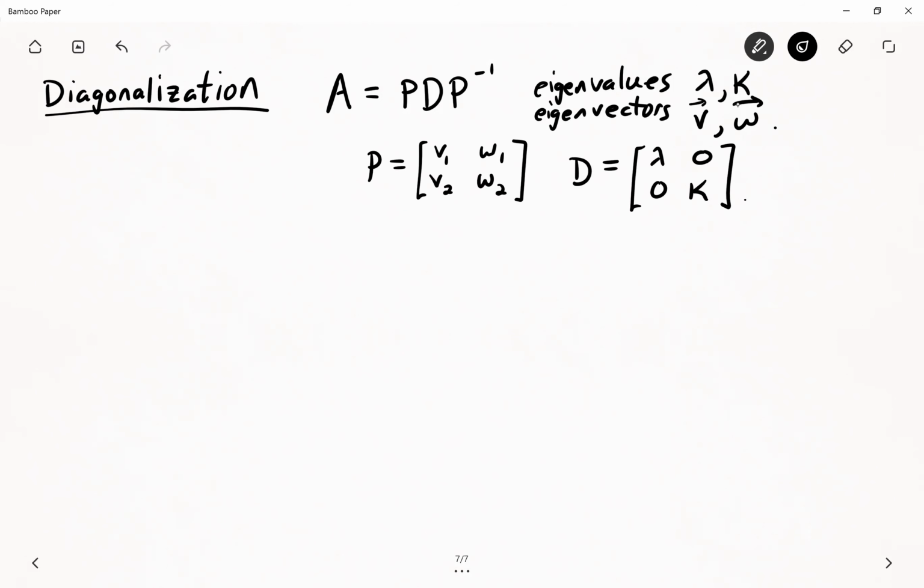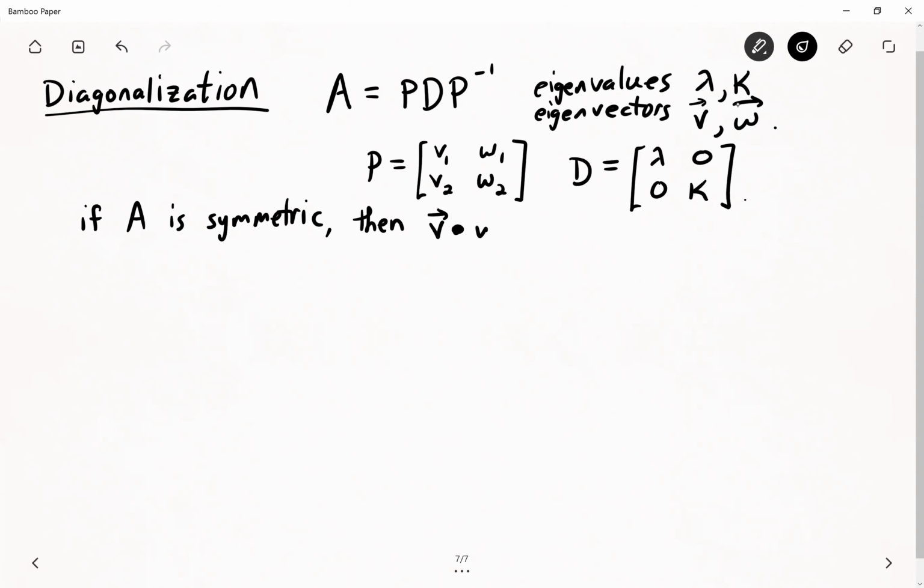All right, if A is symmetric, then we know that the eigenvectors must be perpendicular. Right? And that's one of the conditions we were just speaking about on the previous slide.